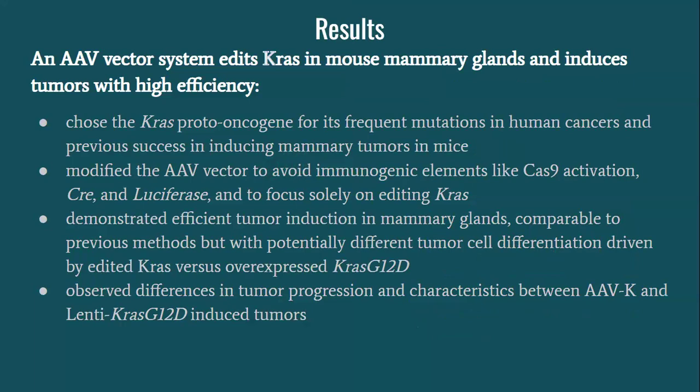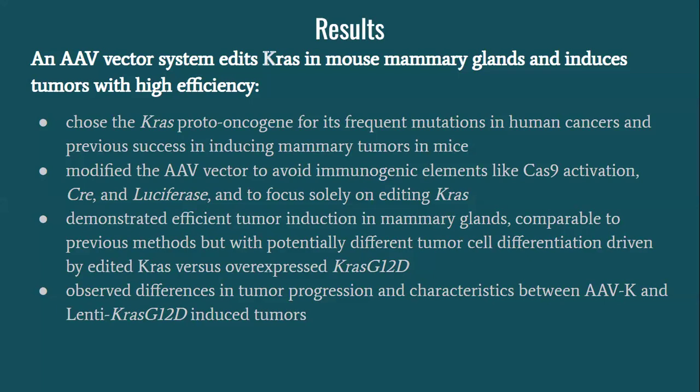The modified AAV vector was mainly used to avoid immunogenic elements like Cas9 activation, Cre and luciferase, and to focus solely on editing KRAS. This actually prevented immunogenic activation. As a result, the scientists were able to see only the effect of the edited KRAS gene.